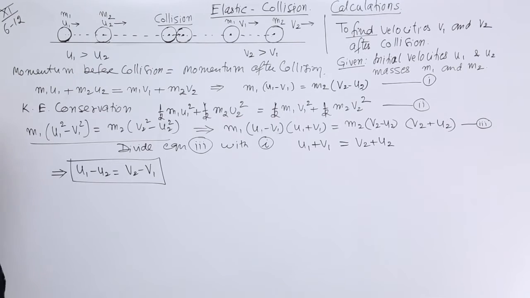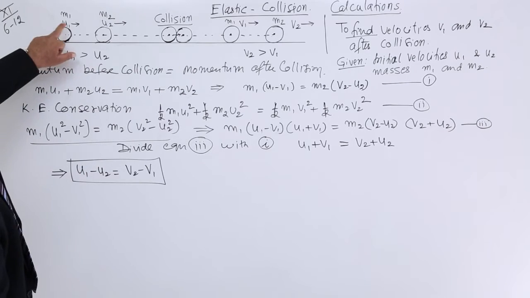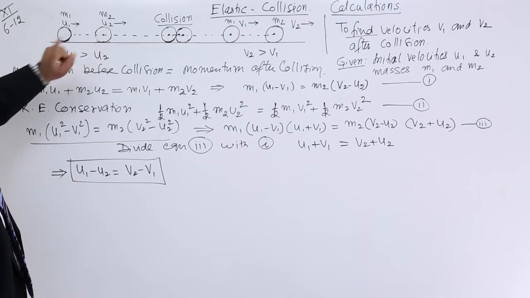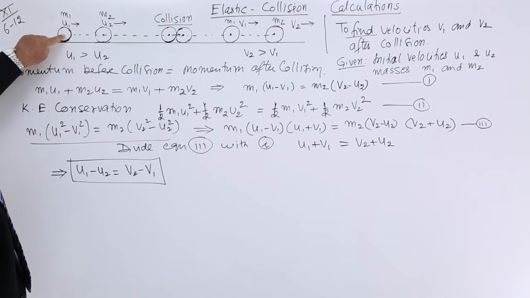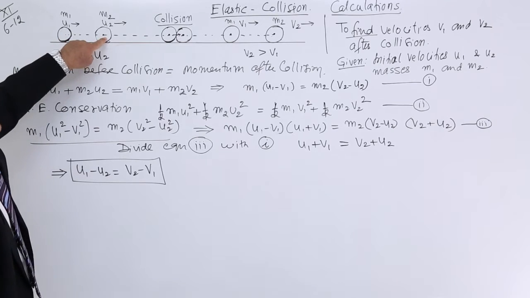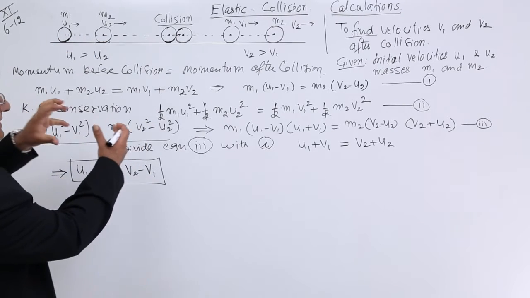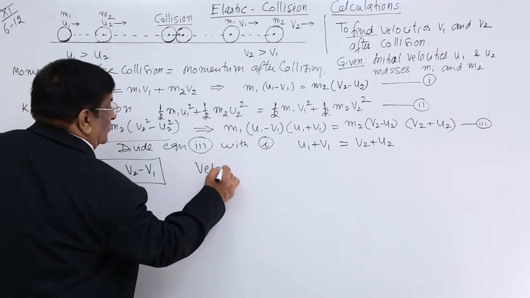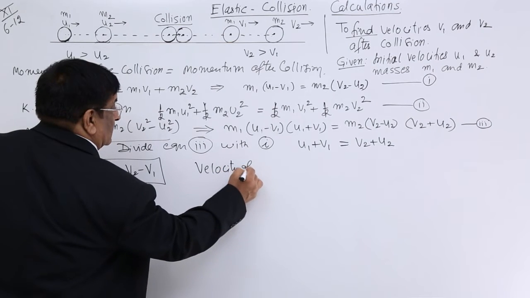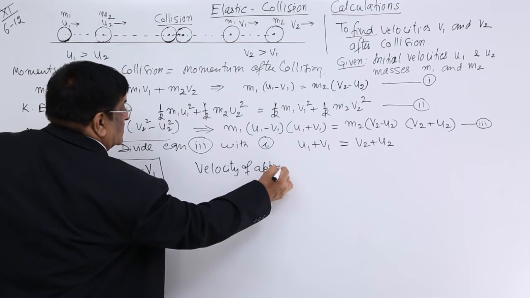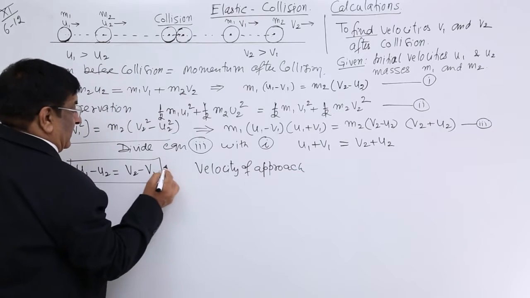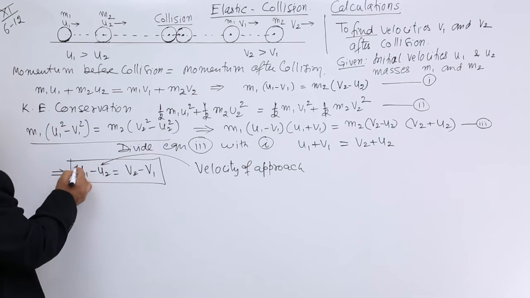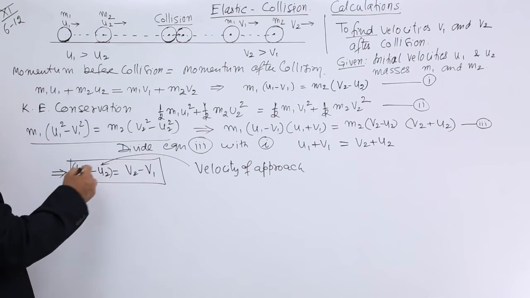What is this? u1 minus u2 is the relative speed between the two. That is the speed with which this object is reaching this object, closing this object. So this we will write as velocity of approach. This u1 minus u2 is velocity of approach.